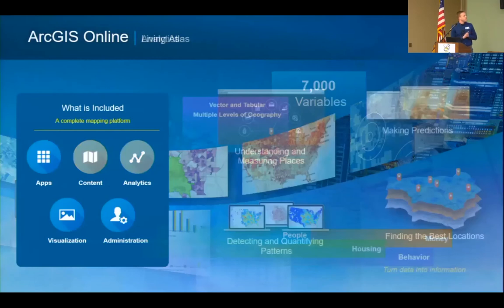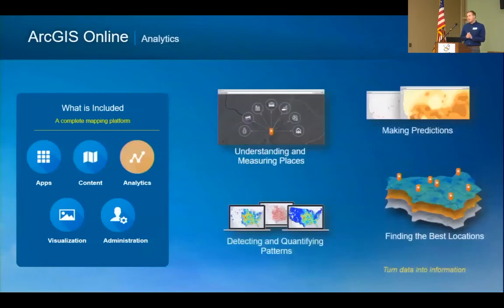Also included in ArcGIS Online are a lot of web-based analysis tools. So we've chosen a lot of the more commonly used tools from our desktop applications and made them available in ArcGIS Online. So doing hotspot analysis, finding those hotspots in your data. If you're doing a suitability analysis to find the best location to, let's say, put a new, I wouldn't put a new store, but you guys aren't a commercial business.